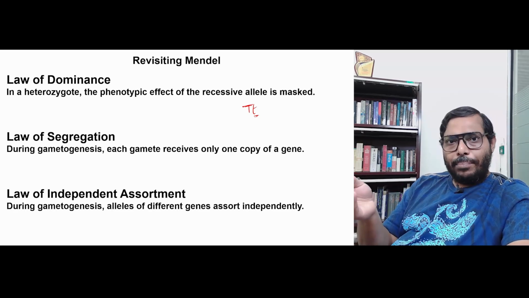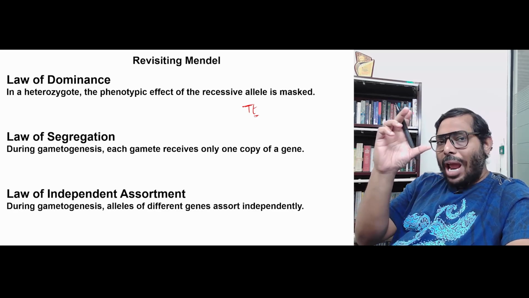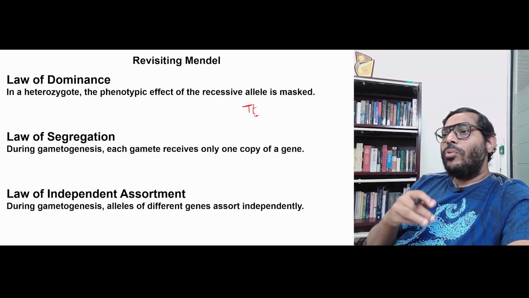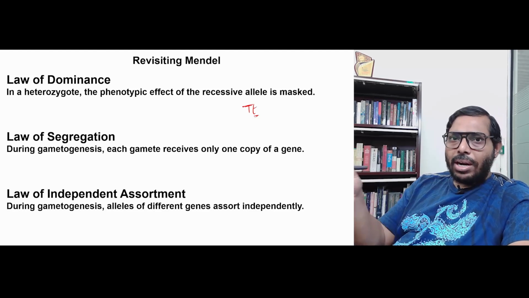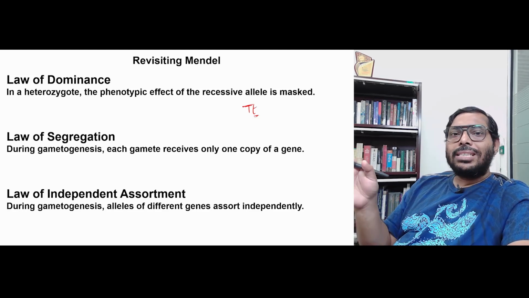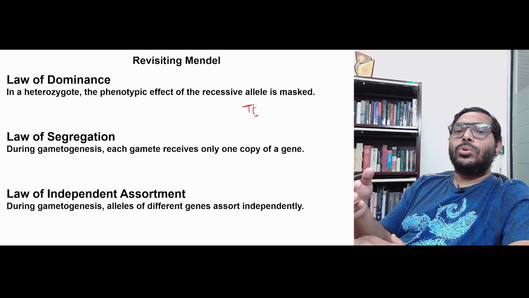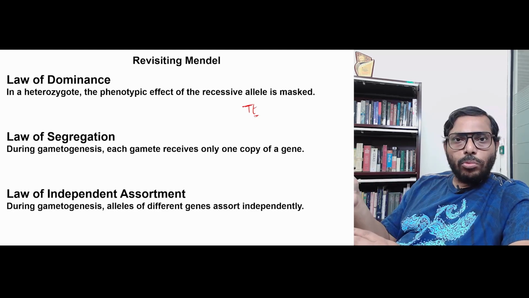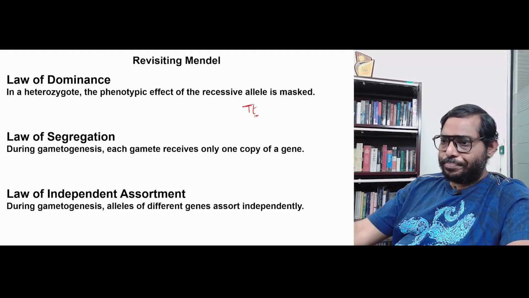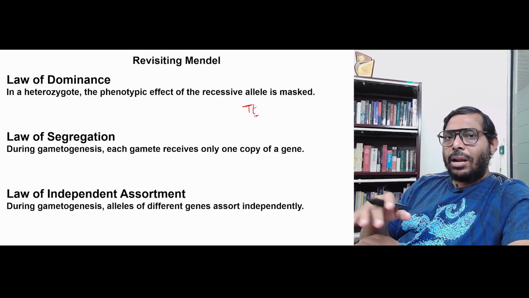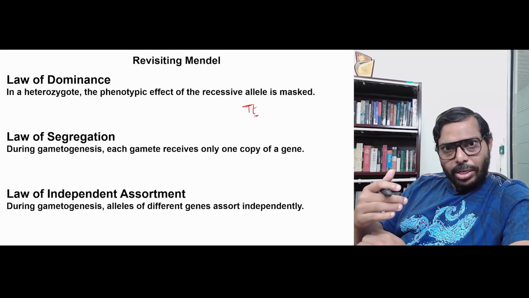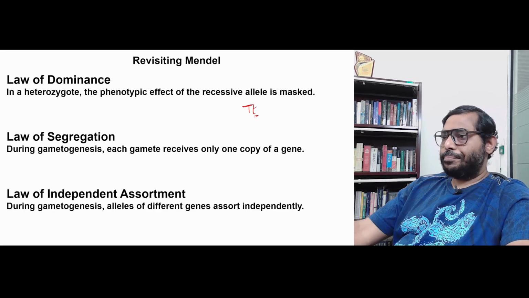If that does not happen, if the loci are on the same chromosome and are relatively close to each other, we get a different phenomenon called linkage. However, Mendel did not talk about it. Mendel explicitly looked at those loci which were either on different chromosomes or were very far from each other. So, this is where our revision ends, and now the discussion for this particular topic begins.